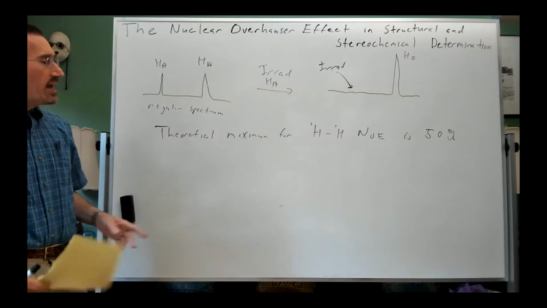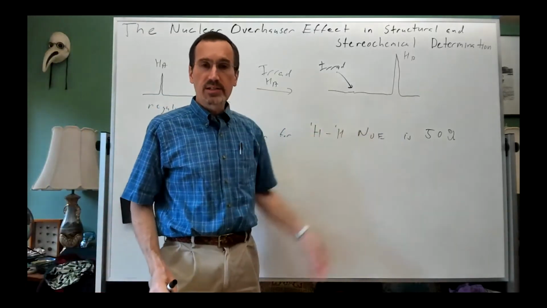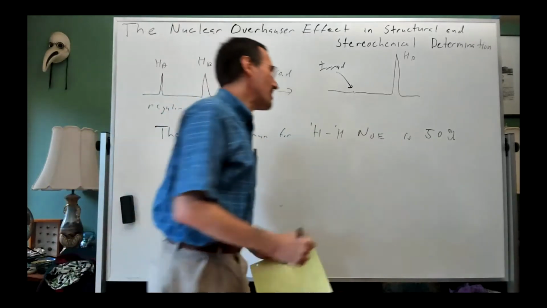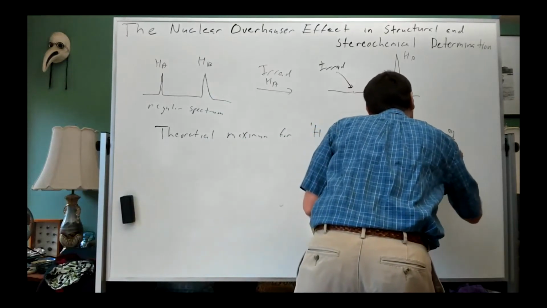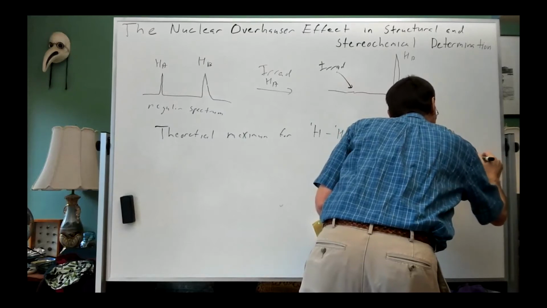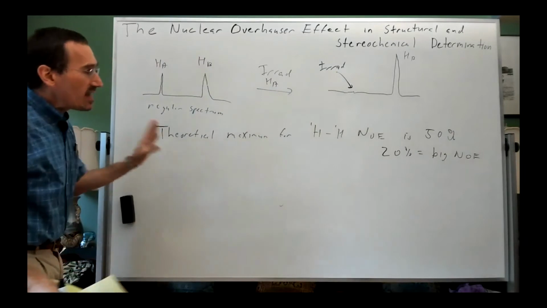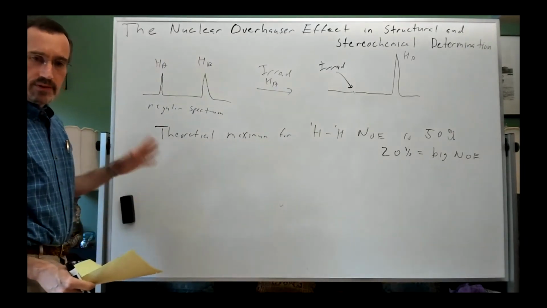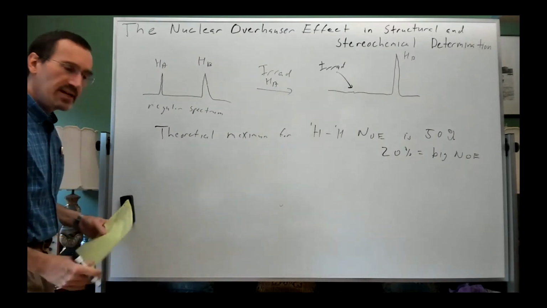On the other hand, it's rare that you'll see more than 20%. So in practice, 20% would be a big NOE. Now, I gave the example for hydrogen because that's the most useful practical thing for structure and stereochemistry determination.